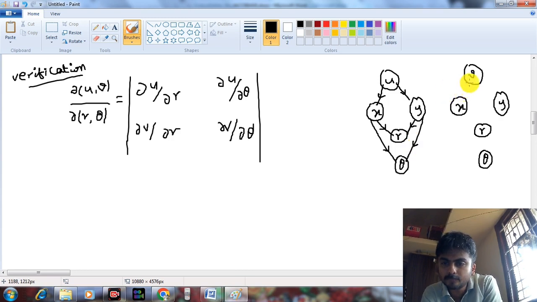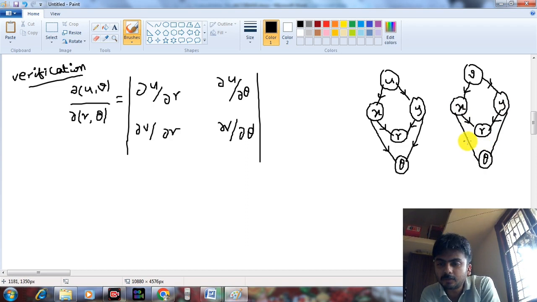So we are going to use only the partial derivatives in the formulas. Understanding the diagram is very important. How to draw the diagram for each problem is very important.